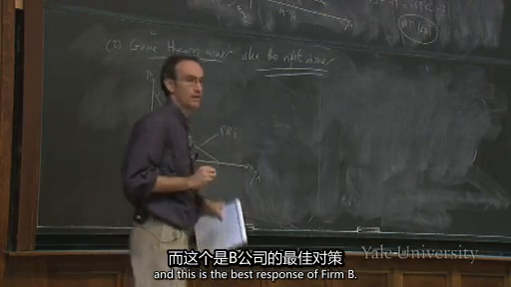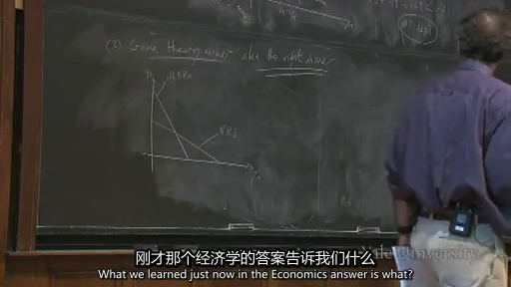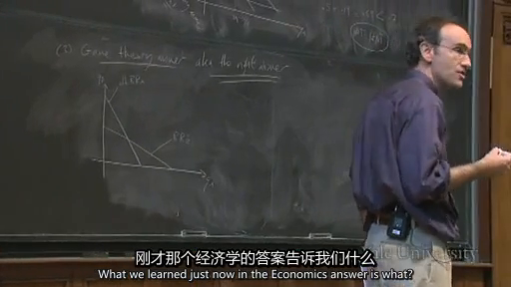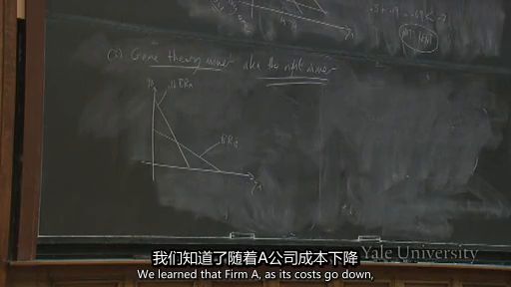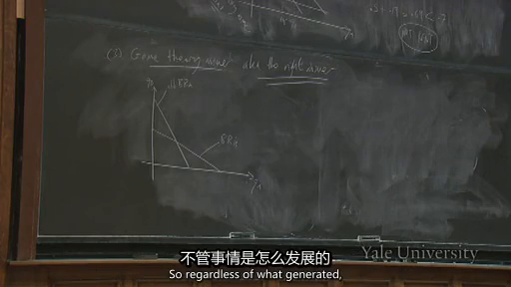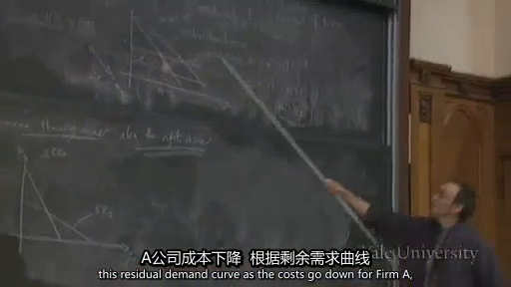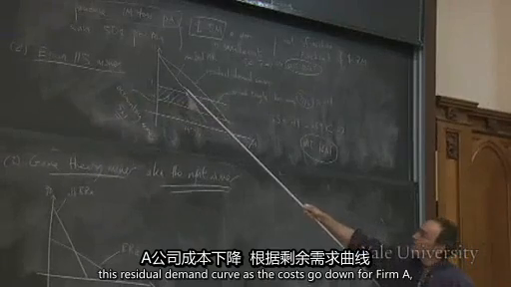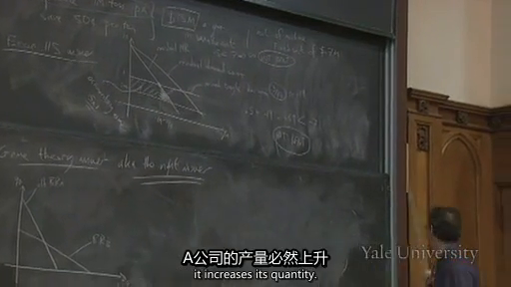and this is the best response of firm B. All right? And what we learned just now in the economics answer is what? We learned that firm A, as its costs go down, will produce more for each possible quantity that firm B produces. So regardless of what generated this residual demand curve, as the costs go down for firm A, it increases its quantity.